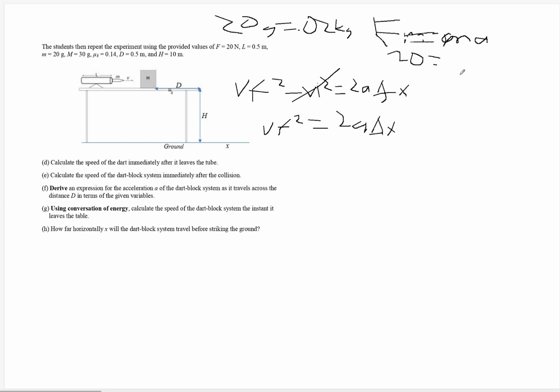All right, and then 0.02, and acceleration is what we're trying to find. So a will equal 1,000.